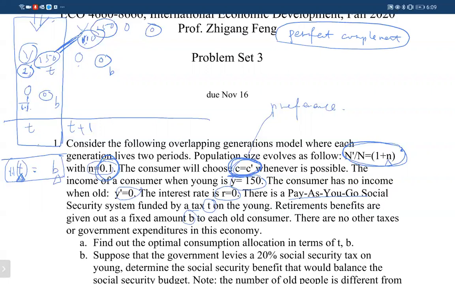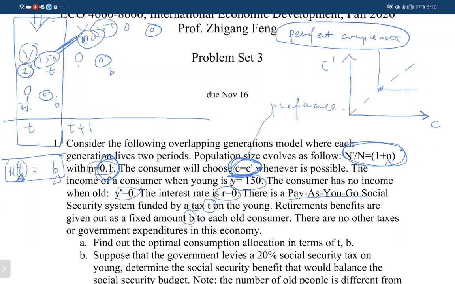This particular preference characterizes our preference over left-hand side shoes versus right-hand side shoes, right? You always prefer one left-hand side shoe with one right-hand side shoe, so you want them to match with each other. In the graph, this preference will look as follows: C, C prime, with this 45-degree line.